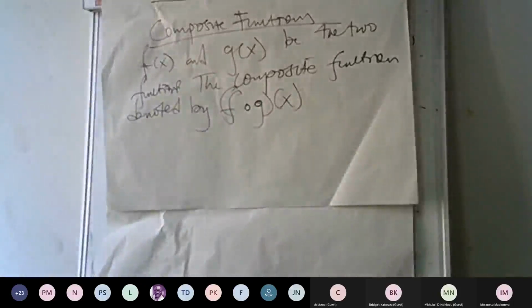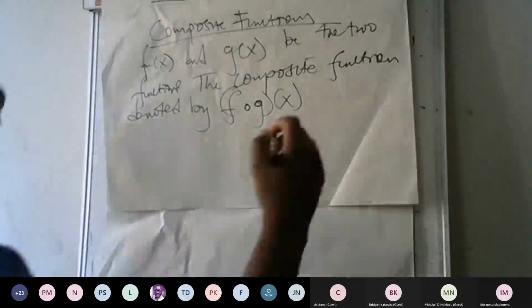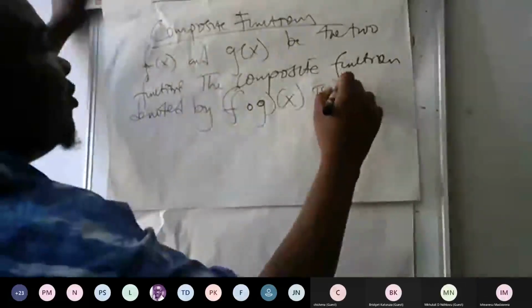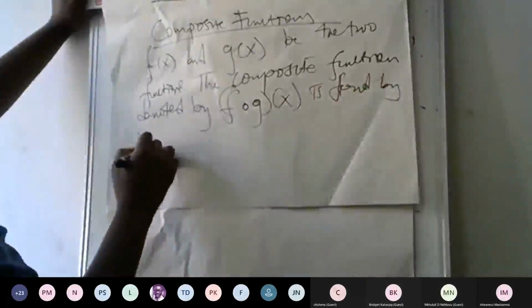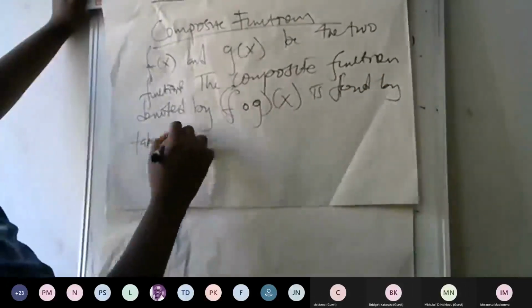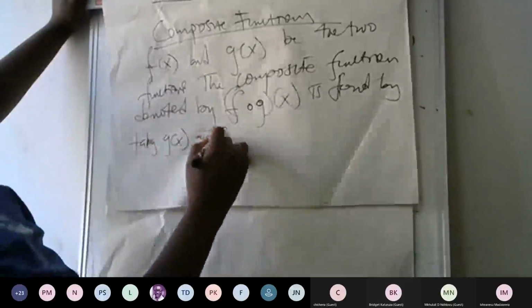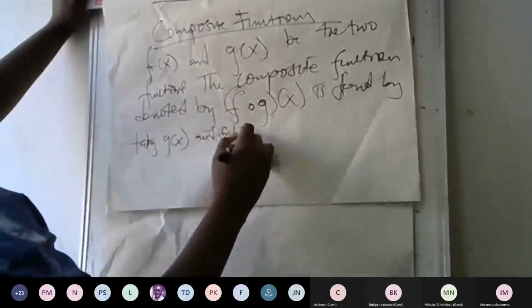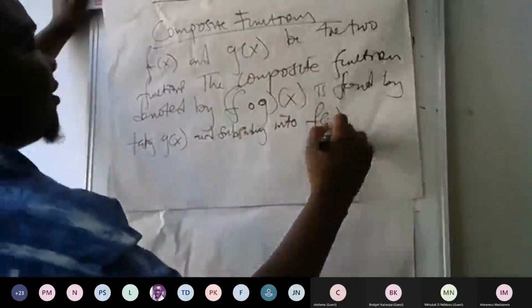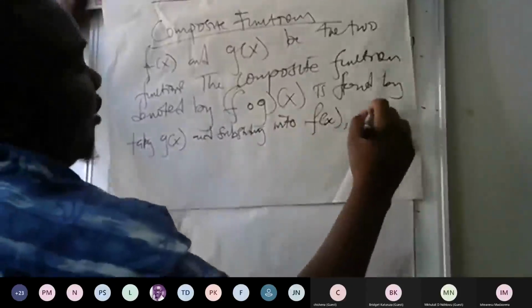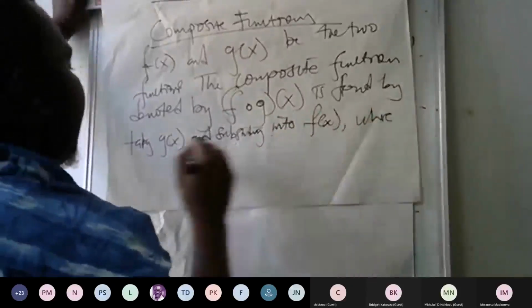So that one is f of g of x. That's the composite function. It is calculated by taking g of x and substituting it into f of x where there is an x.